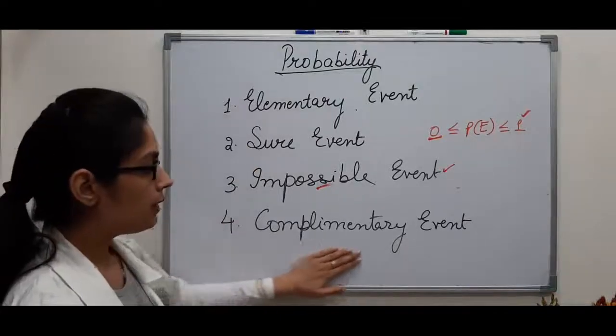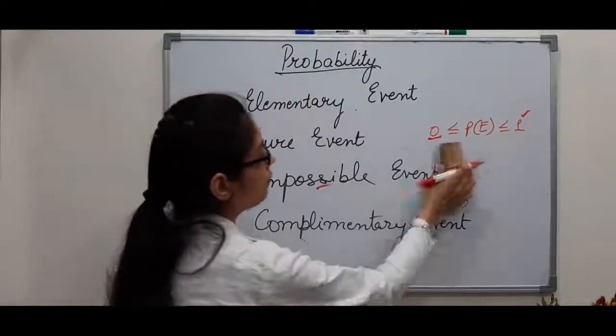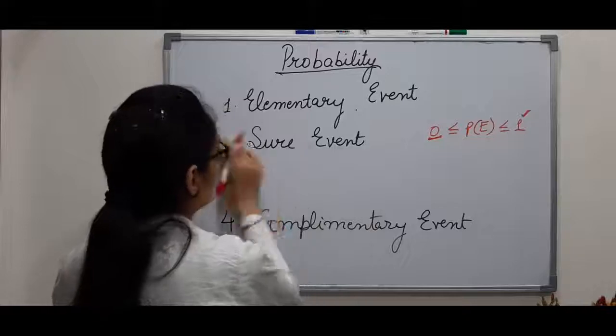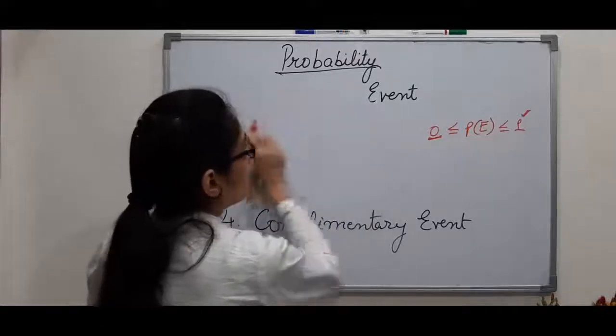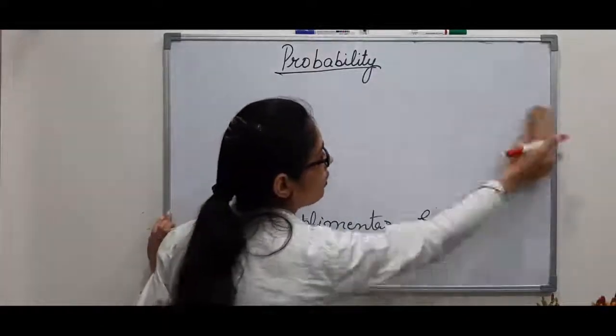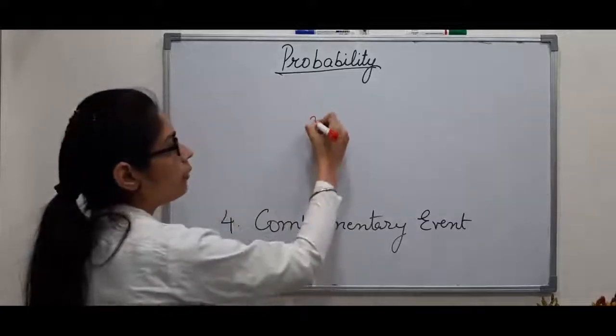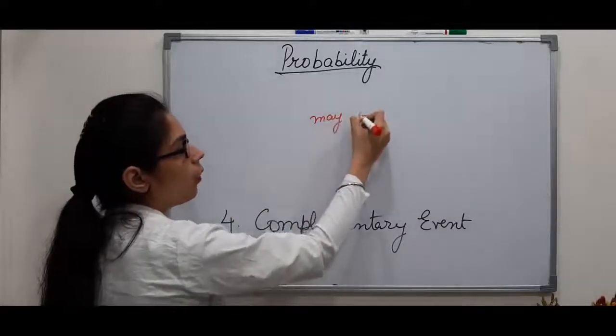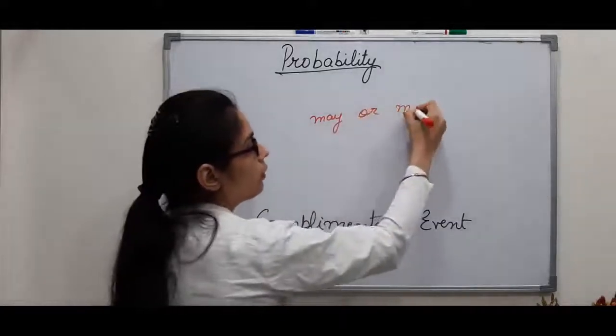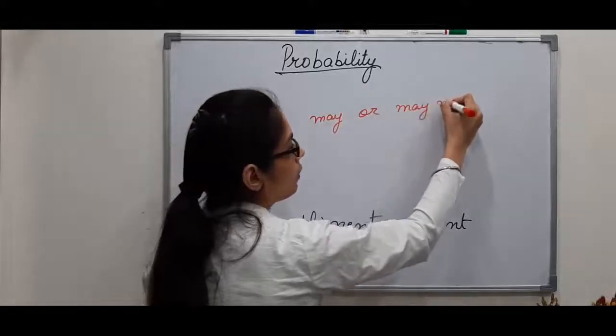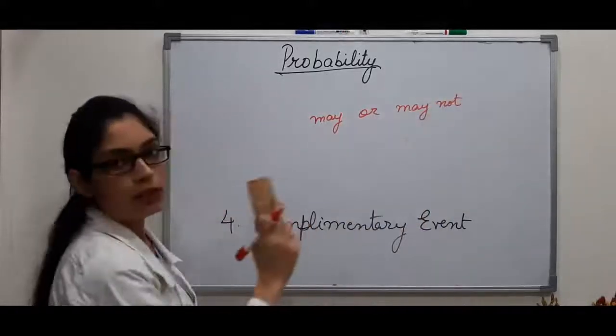Now complementary events. Complementary events means, I have taken one example at the starting: it may rain today or it may not rain today. So these are the two events.